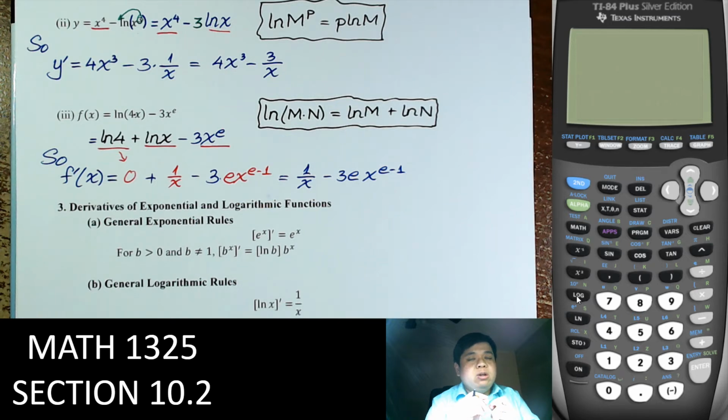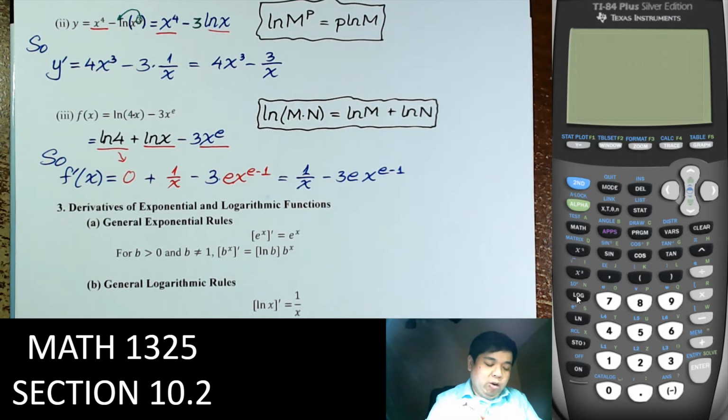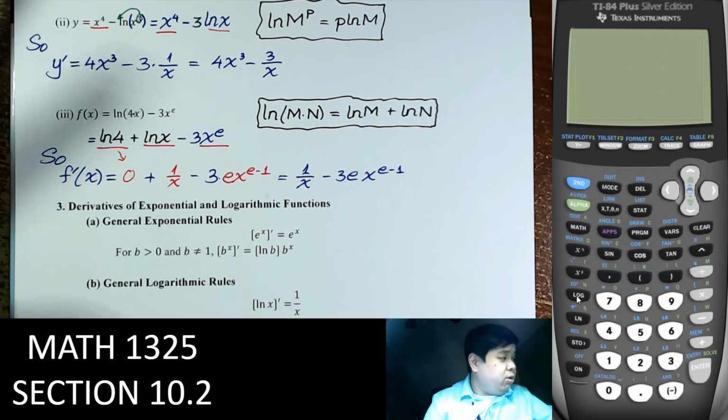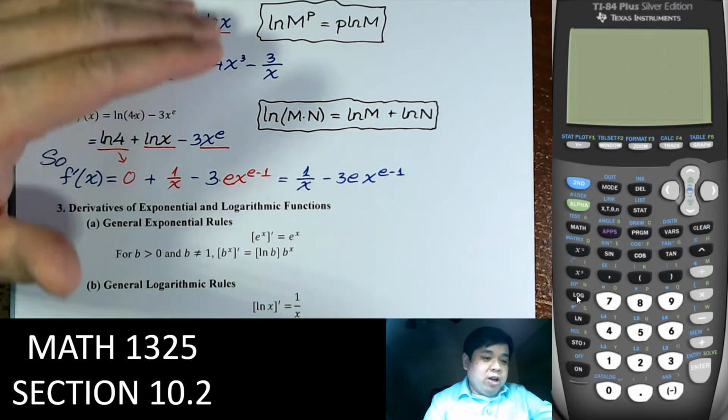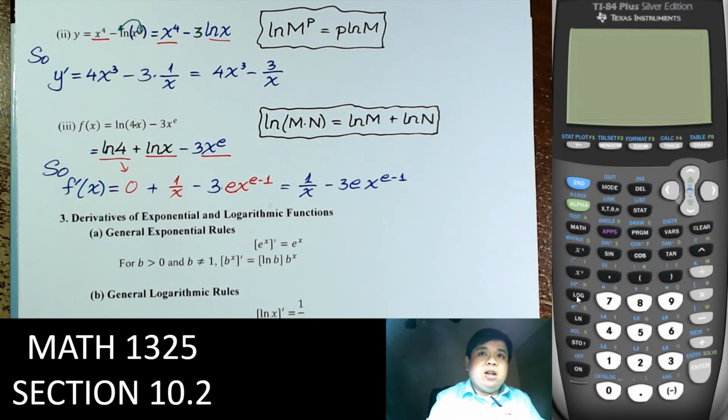If there's something else in the argument, we have to go around it, get back to ln of x and e to the x where we can take derivative. I mentioned that before. In section 10.4, we can just go directly to it without going around it. But for now, I think those exercises are good practice of using the properties of the exponents and logarithms.